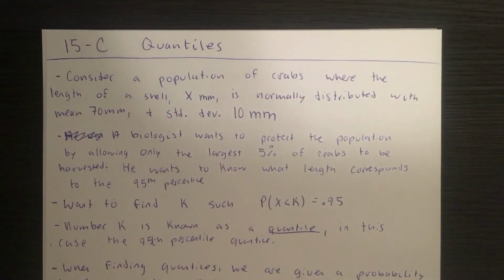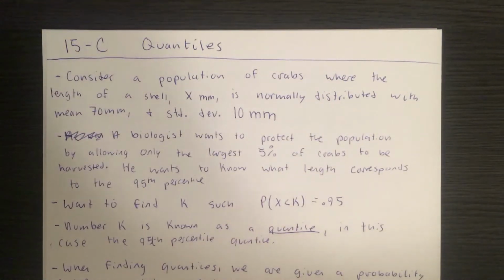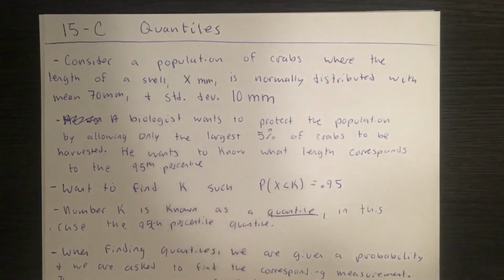It has a mean of 70 and a standard deviation of 10 millimeters. Now, a biologist wants to protect the population by allowing only the largest 5% of crabs to be harvested. In other words, he's going to be protecting the bottom 95%, or what we call the 95th percentile. So what raw data point corresponds to the 95th percentile?